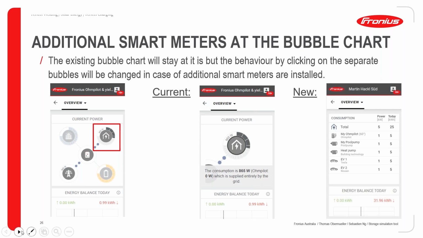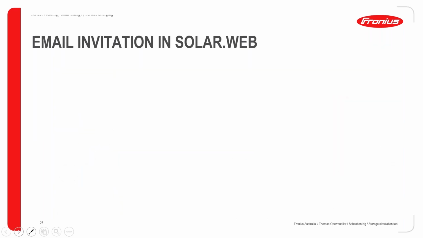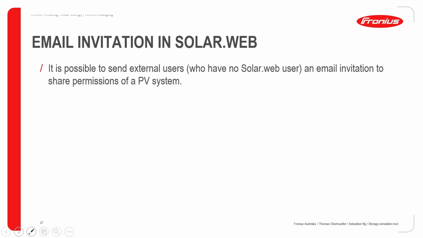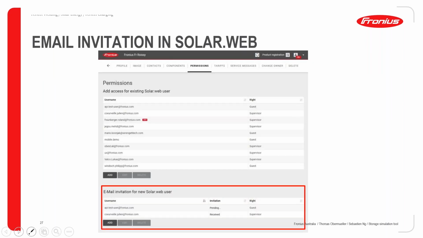The second feature I want to give you a short pre-look at is an email invitation in SolarWeb. So I'm sure that's nothing new for you, but we want to offer this service as well for you. Right now it is necessary that SolarWeb users already exist in SolarWeb so that you can share PV system rights with them.